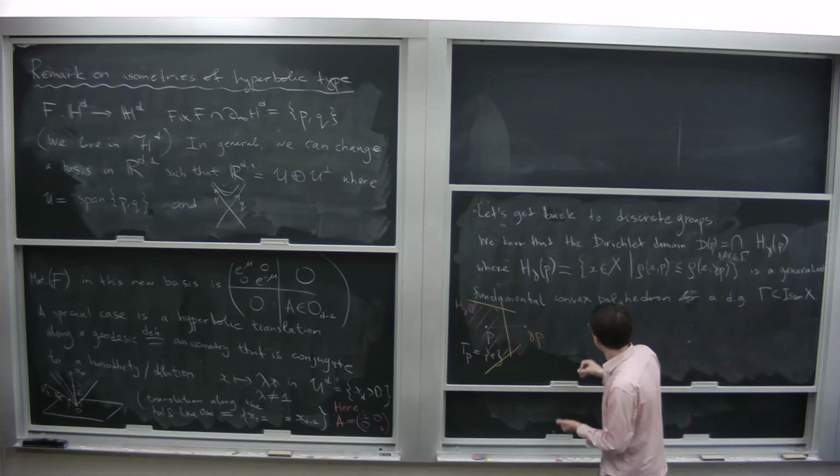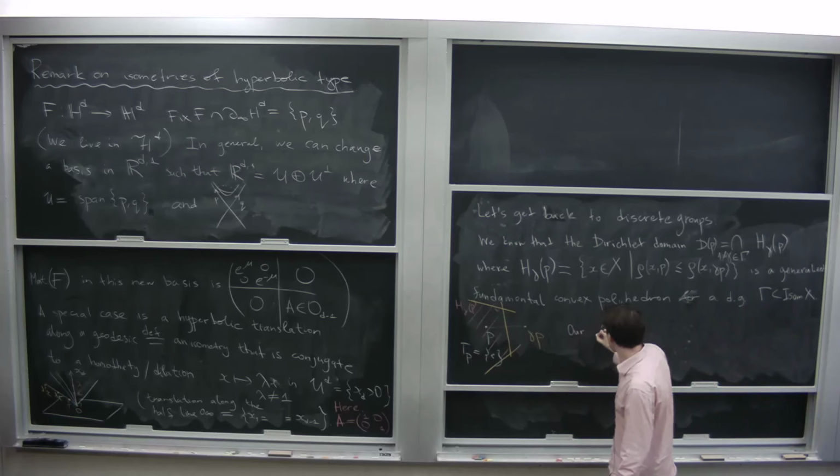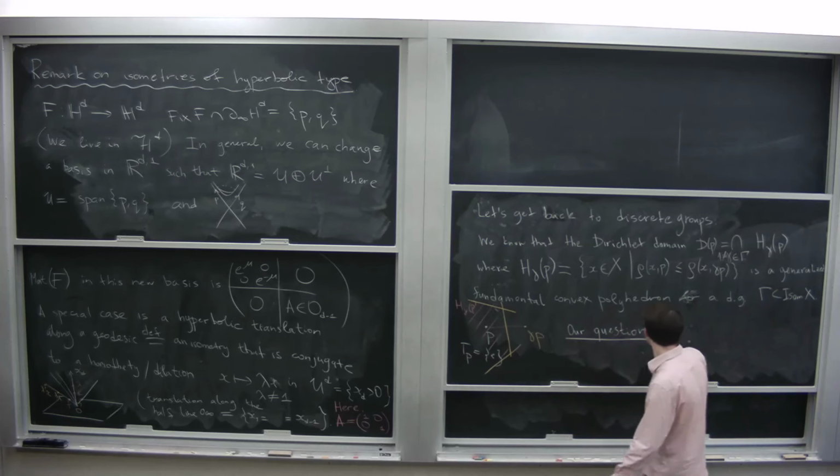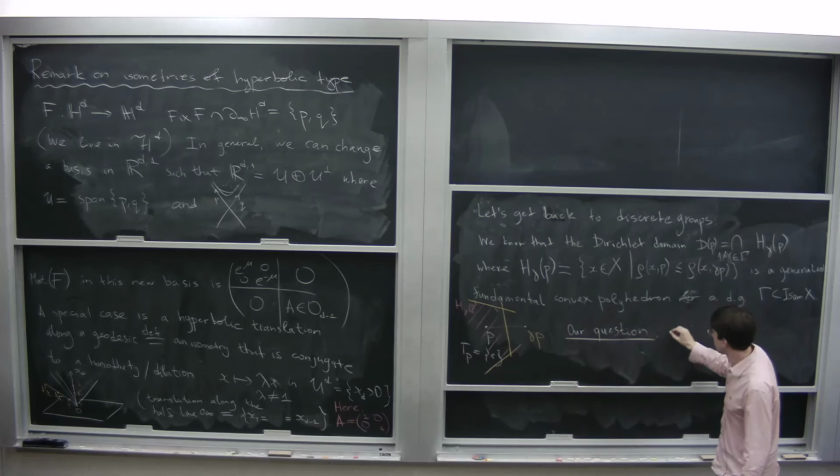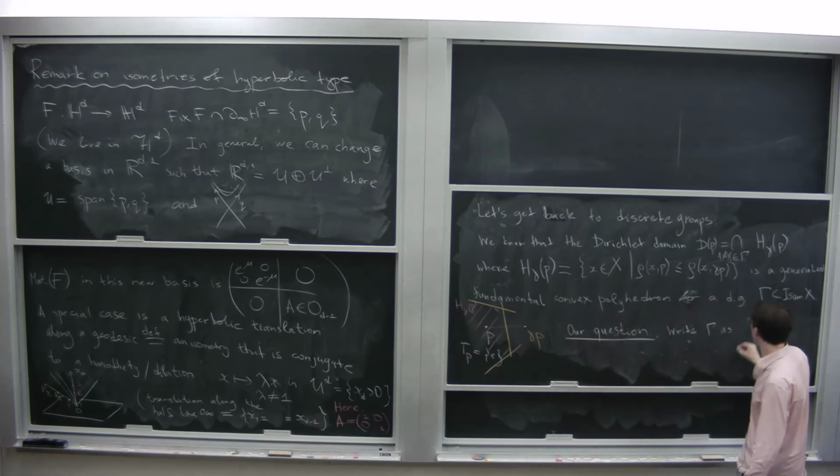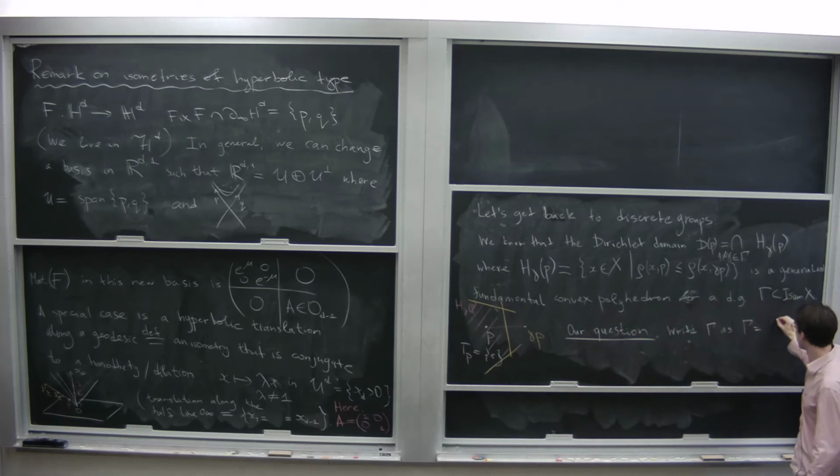So our main question is to write gamma as generated by some elements, these are my generators, with some defining relations.